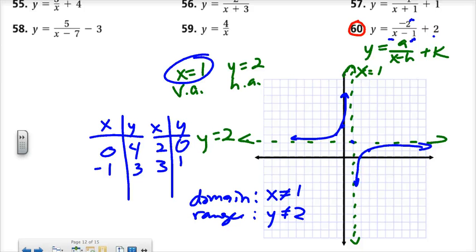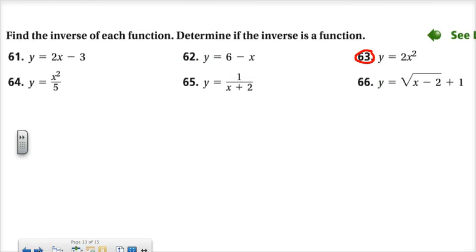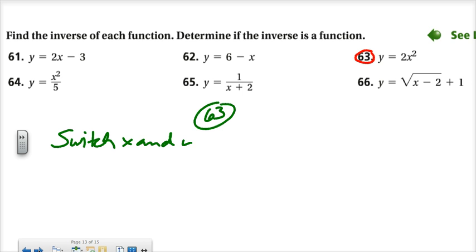And let's see, there were a couple more. So 63 says find the inverse. There are two basic steps to finding any inverse, and that is switch x and y and then solve for y. So in 63 we would make it x equals 2y squared.